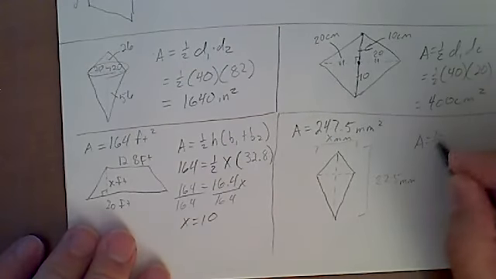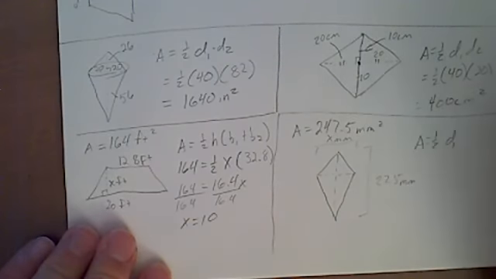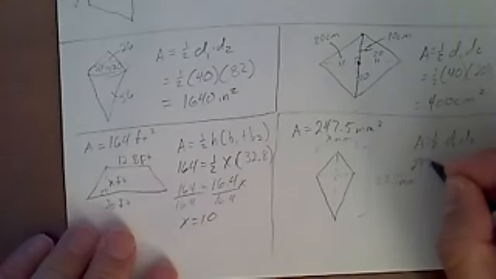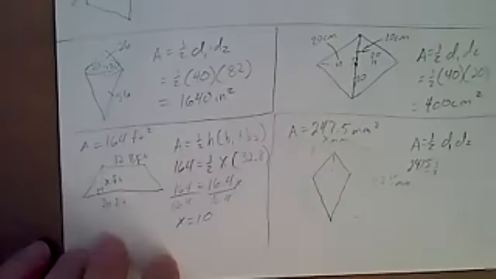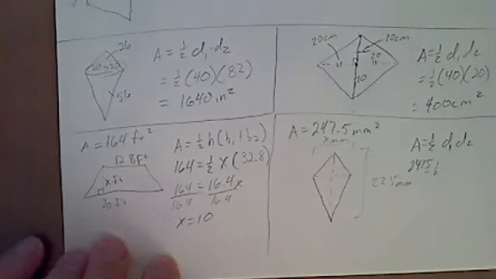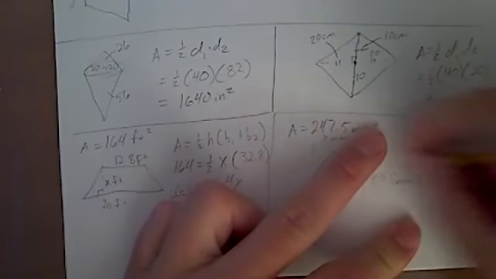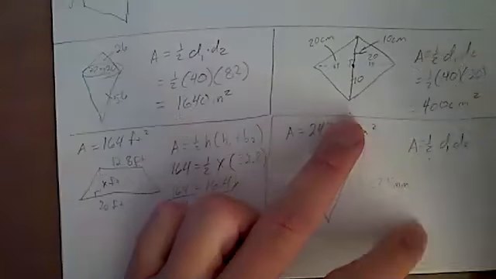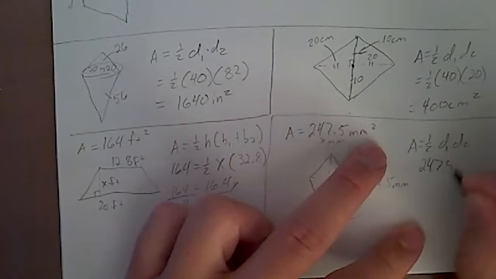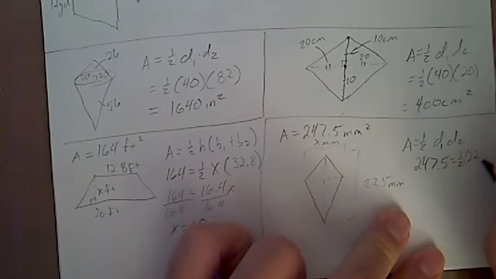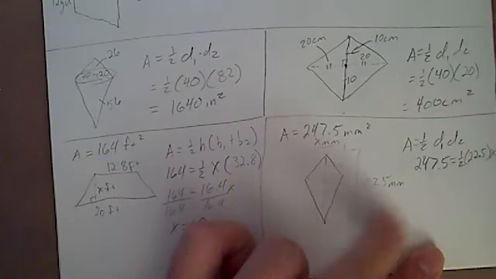So again, area 1/2 diagonal 1 times diagonal 2. That is the area, 247.5. 247.5 is equal to 1/2 of 22.5 times x.